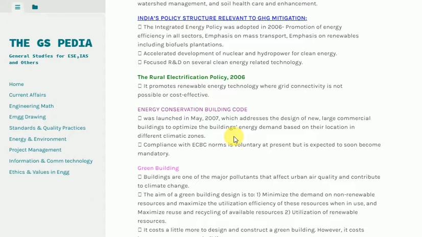It focuses on several clean energy-related technologies.